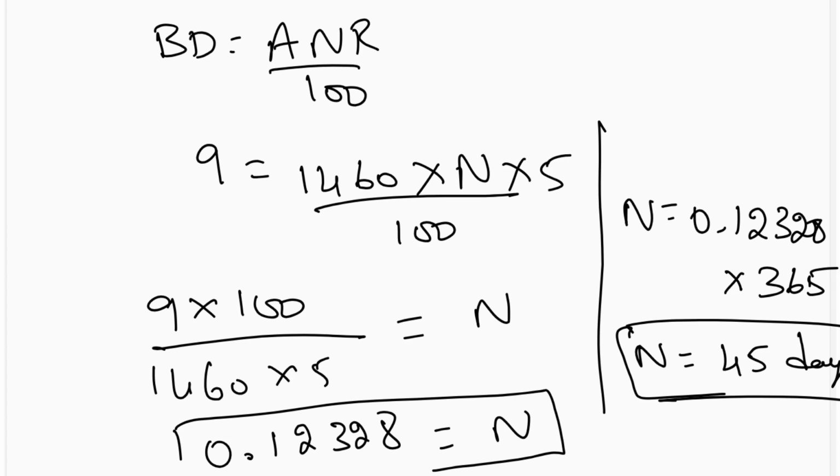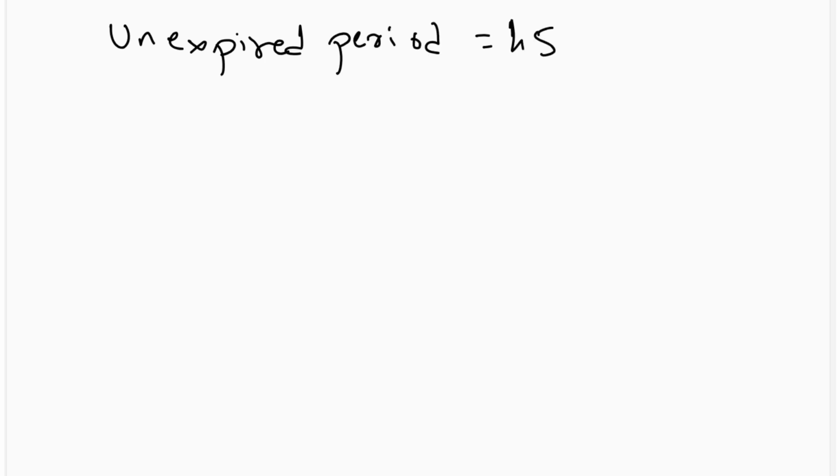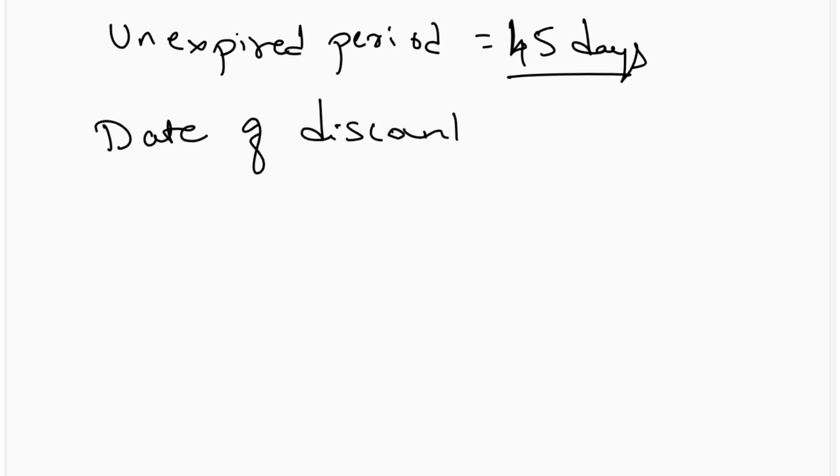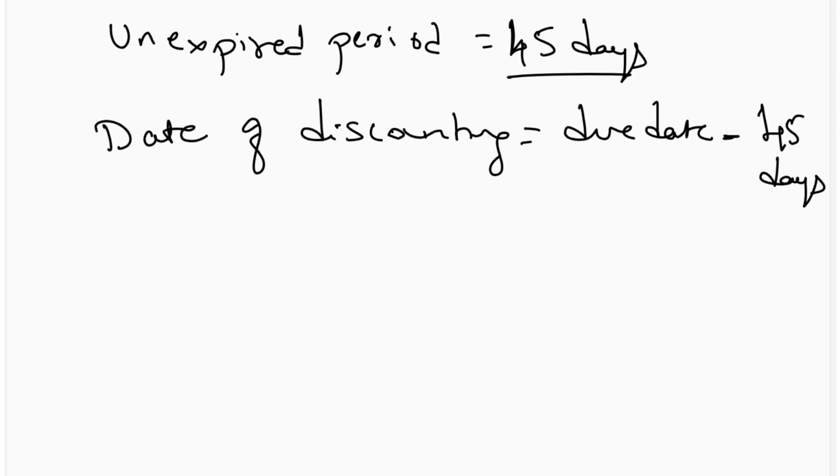Now using this we will calculate the remaining. The unexpired period is 45 days. Now, the date of discounting will always be due date minus 45 days, what we found out now.